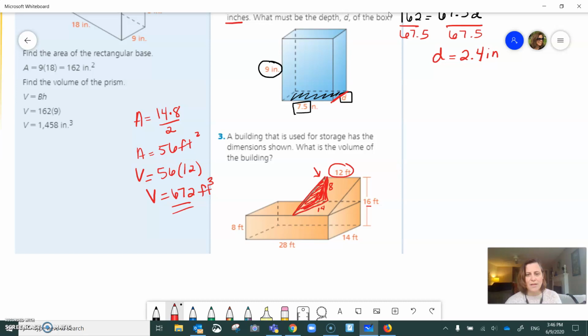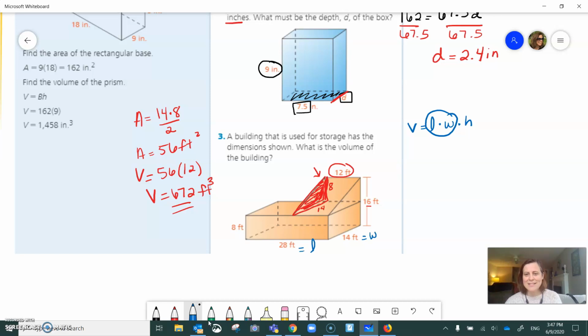So there's the top. The rest of it, this part on the bottom, is actually pretty easy to figure out. When you were little kids and you were figuring out the volume of a box, the formula is length times width times height. And let me show you why. This is the one that you were used to dealing with when you were a child. The length and the width is just this direction and this direction.